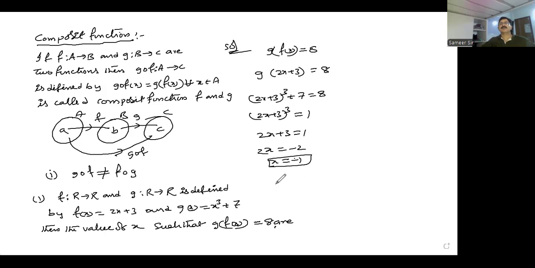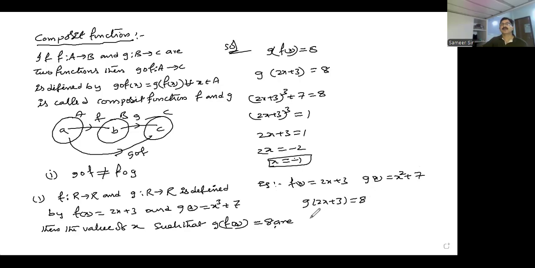For example, the second example, you see this one, same as it is. f of x is defined as 2x plus 3, and this is given in a competitive exam. g of x is x square plus 7. At that time, immediately you can write g of (2x plus 3) is equal to 8.